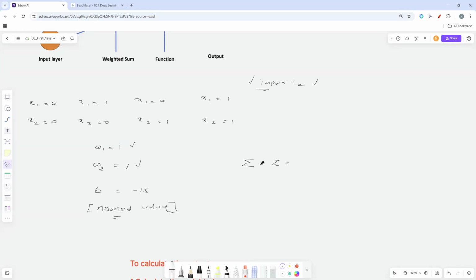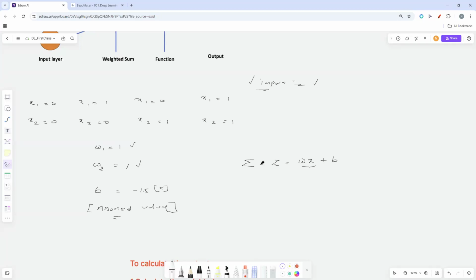The formula for this z is w into x plus b. Whatever weights you have, you multiply them with your inputs and sum up with some bias. Bias is nothing but your caution. Carefulness, we can take it as caution, something like that.